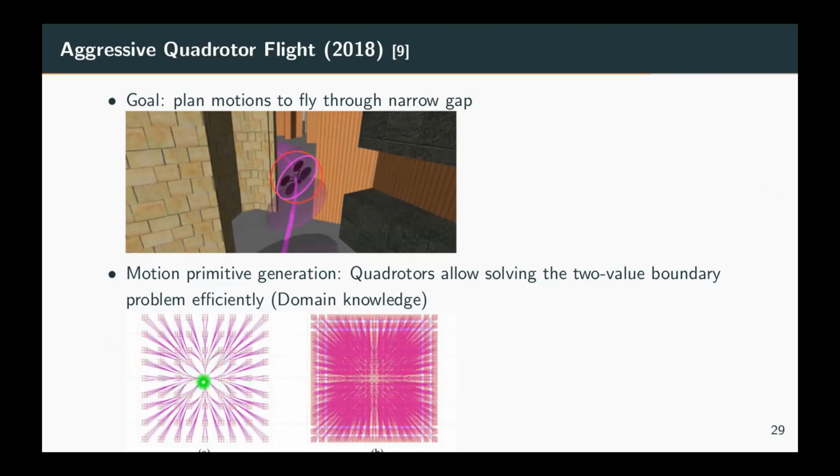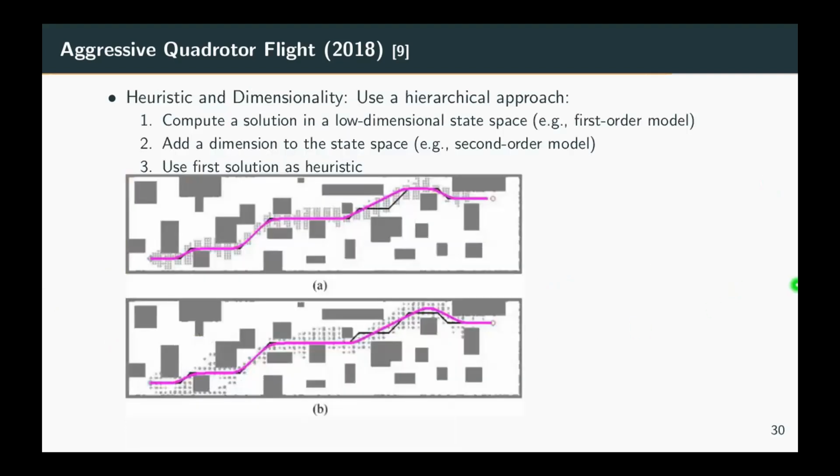And here's just one example of how many primitives they have, and if you generate a real graph out of it, it becomes obviously very dense. And because it's so dense and high dimensional, they also had to use more of a hierarchical approach.